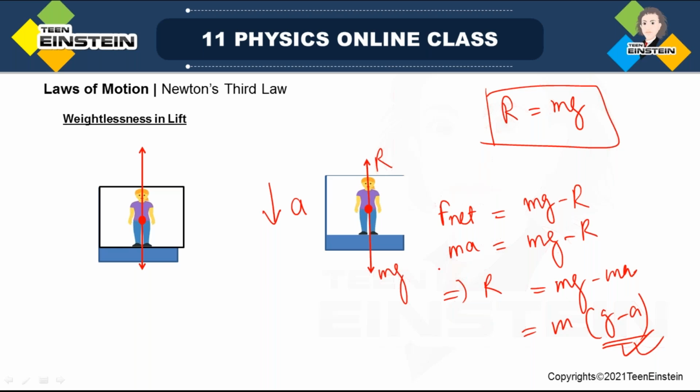When it is moving up, we feel a little bit heavier, and when it is moving downward, we feel less weight, right? So this is called the decrease in the weight inside the lift. Now weightlessness means this apparent weight has to be 0.